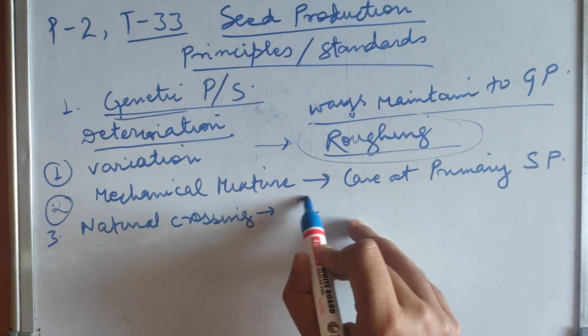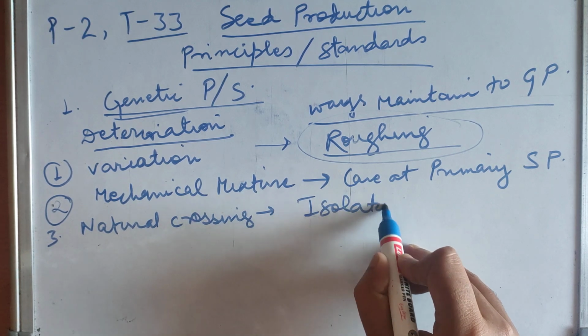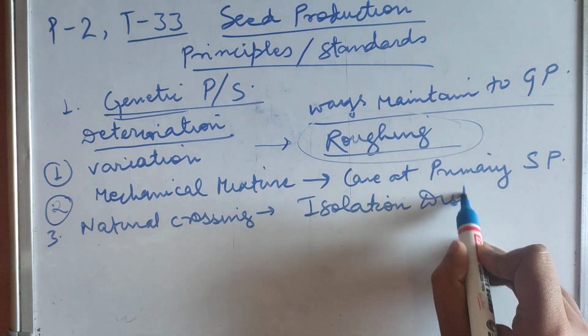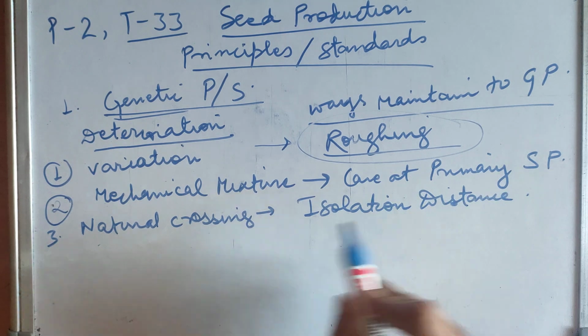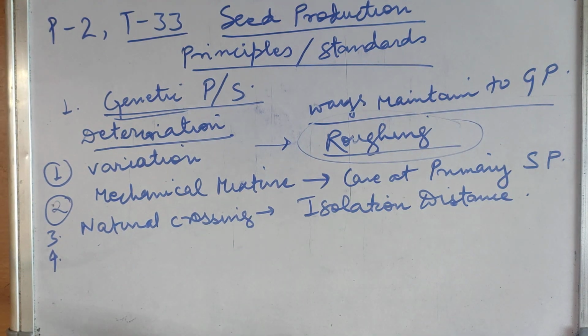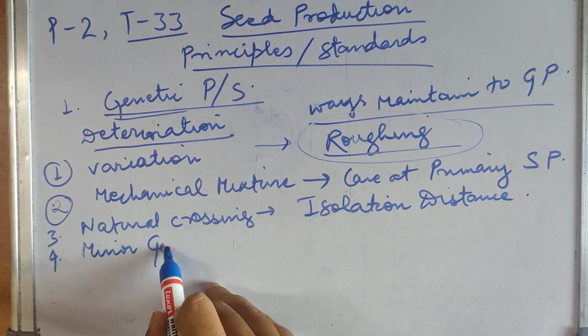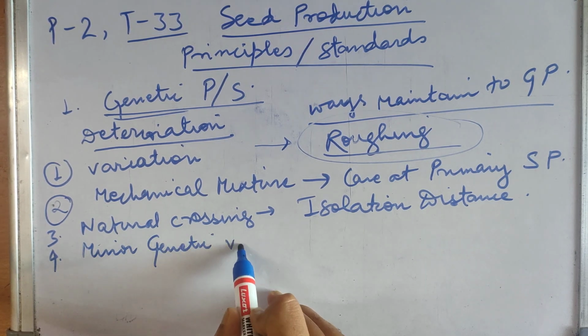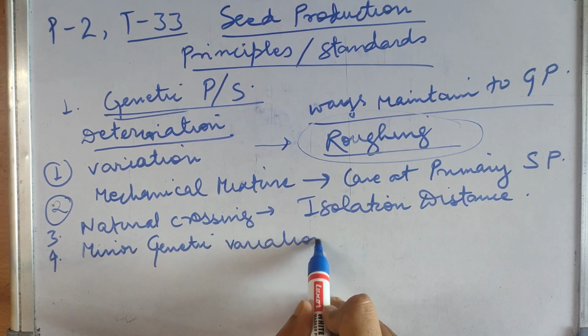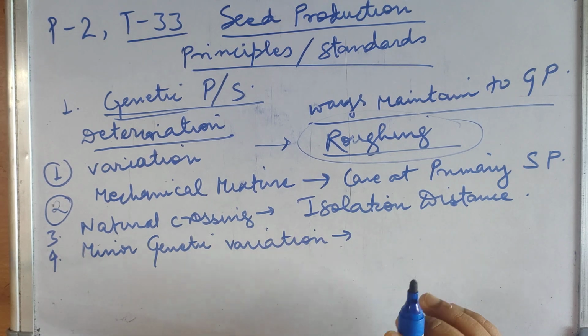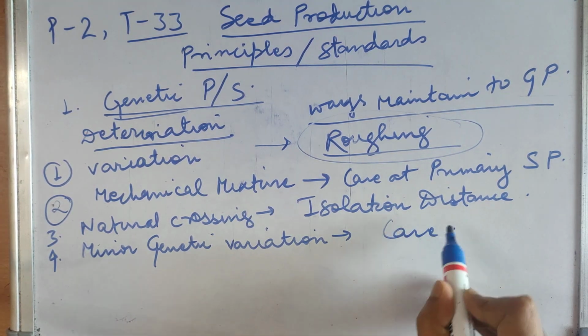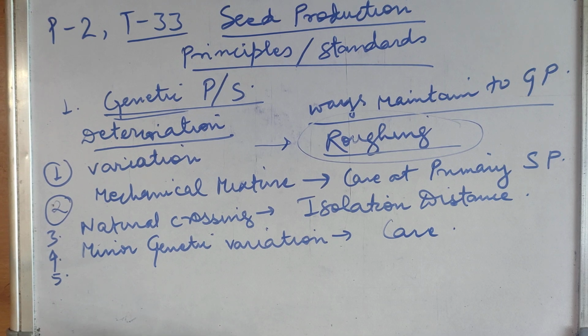We need to maintain isolation distance here. Fourth, minor genetic variation, here we need to take care. Fifth, mutation.